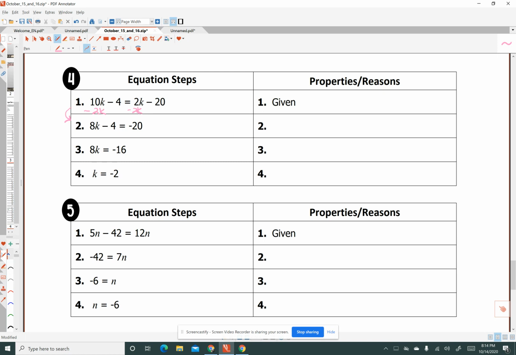So that's the subtraction property of equality. Now, what do we do to get from step 2 to step 3? It looks like we added 4 to both sides using the addition property.